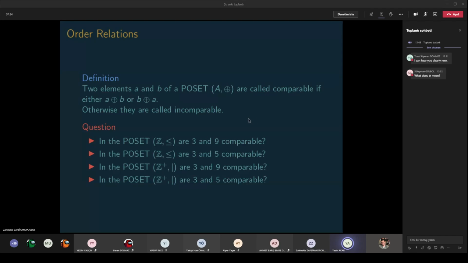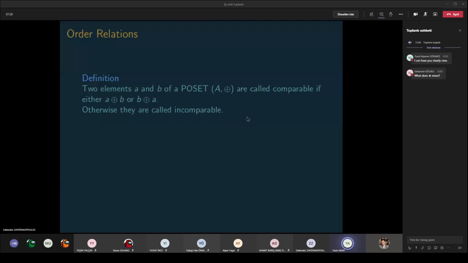What is the correct meaning of this sign? It's not plus. It's some relation, any order relation. You can think of it as subset or less or equal.